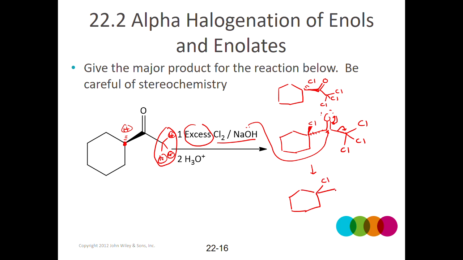I'm not even going to show wedges and dashes because the stereochemistry doesn't really matter since it's not a chiral center here. But once this leaves, I'll have a negative on a carbon. It will pick off this proton, but then the H2O will provide the proton to replace that. So this would be the major product I would expect out of that reaction, along with the chloroform byproduct that would probably just evaporate out.